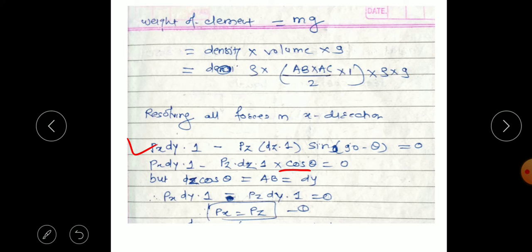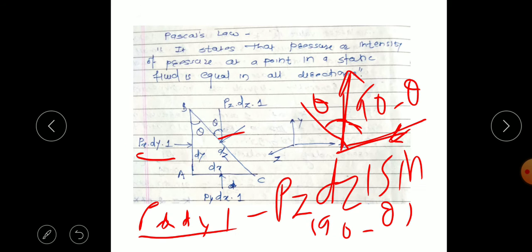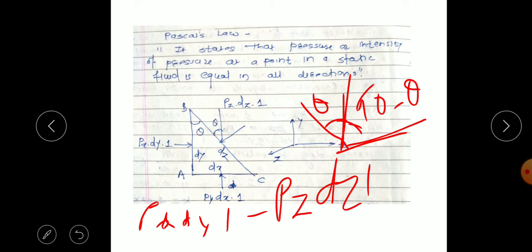But in the figure we can see here dz cos theta. So this side, dz cos theta, will be the ab, and ab is dy.